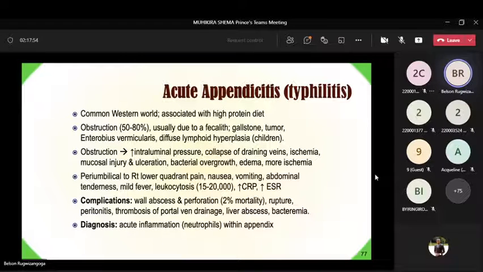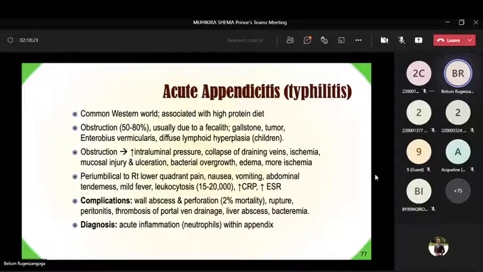Of course, what we see in our settings, most of the cases, is just fecalith, meaning there are feces which arrive there and have been impacted there. They could not come back from there to go to the rectum and outside. When it stays there for a long time, it will cause inflammation. The obstruction will cause an increase in intraluminal pressure.